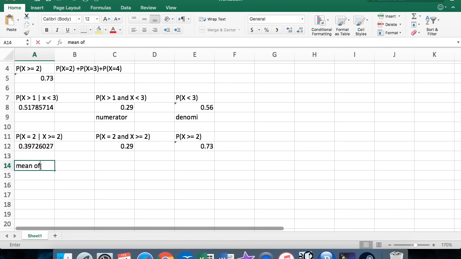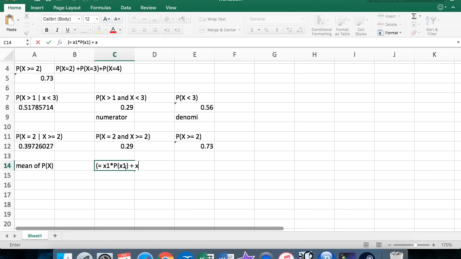So mean of P of x, the probability distribution, is, now this is just showing you what it's like, this isn't what you're actually going to do, but it's basically your x1, or whatever your value is, times probability of x1.